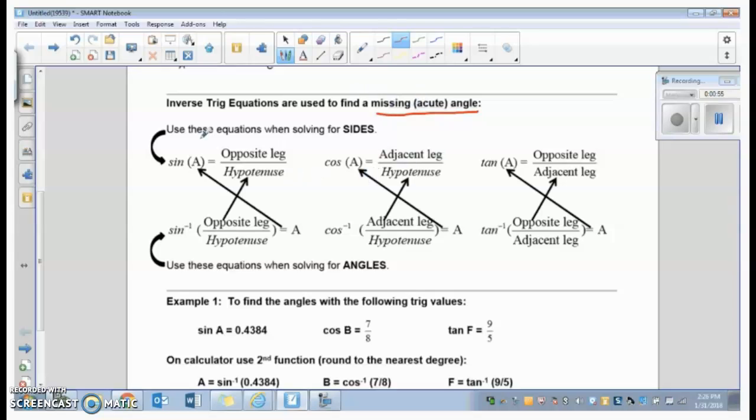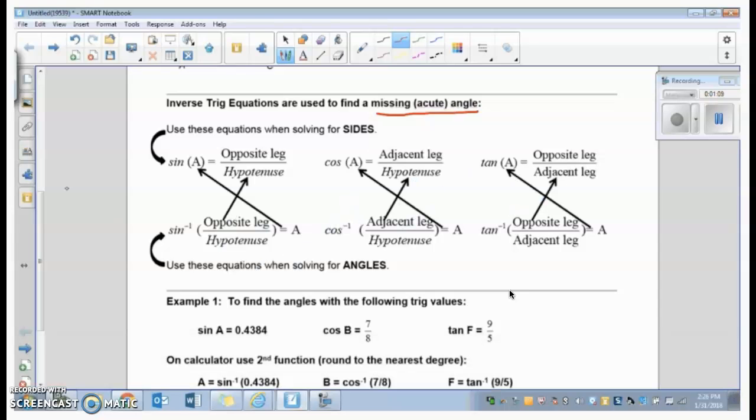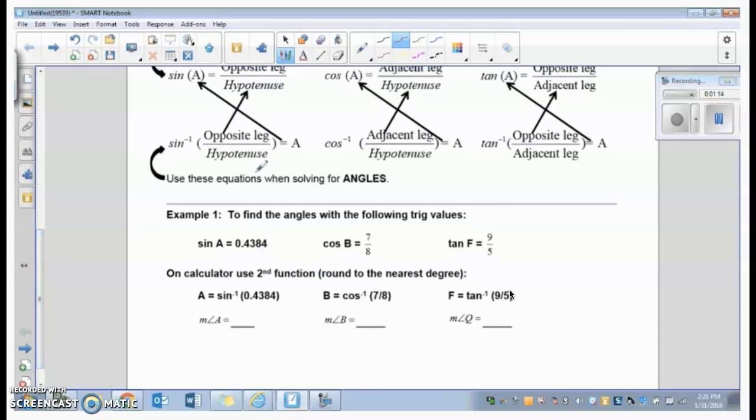Whenever you see a little -1 on the top, that means we're looking at the inverse sine, inverse cosine, or inverse tan. And all this means is that we're doing a special calculator function in order to work backwards.